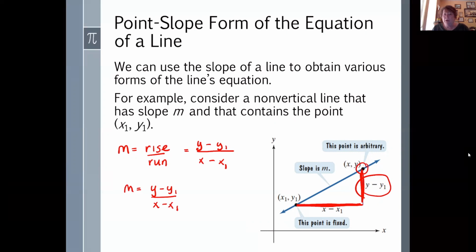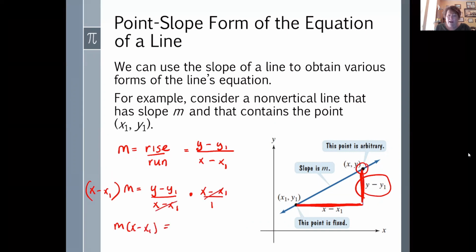And I can multiply both sides by x minus x sub 1 to clear that fraction on the right-hand side. Okay, so now I have m times x minus x sub 1. On the right-hand side, the x minus x sub 1 cancels.